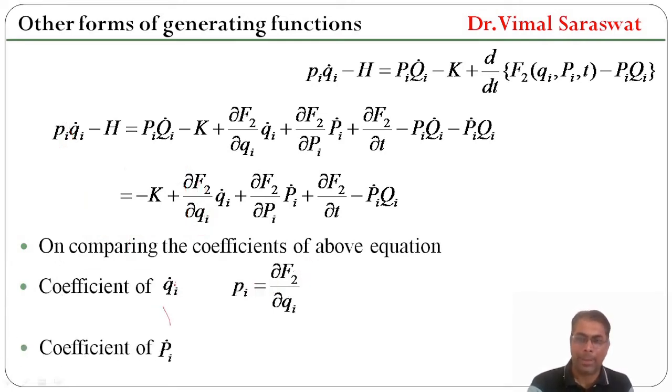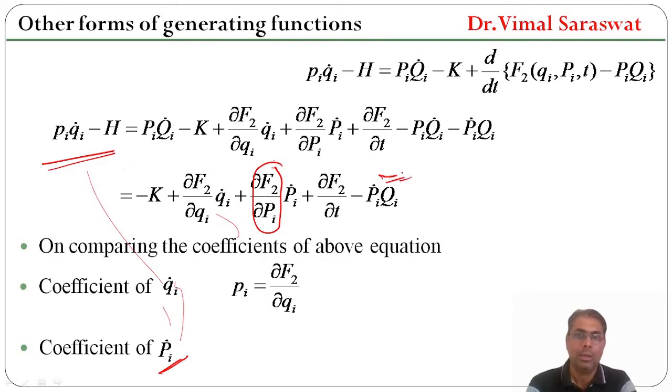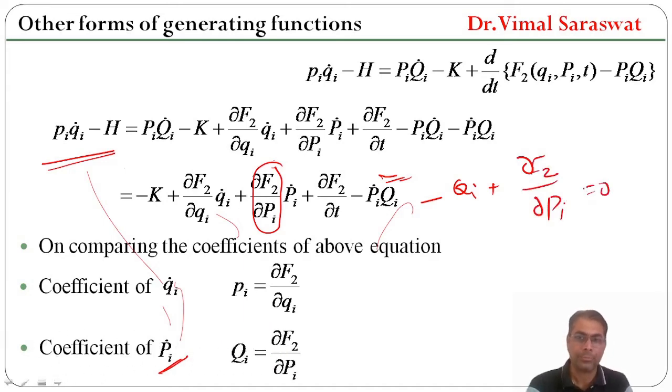Now on comparing the coefficient of capital Pi dot, there is no coefficient of Pi dot here, and on the right hand side the coefficient of Pi dot is del F2 by del Pi and also minus Qi. So minus Qi plus del F2 by del Pi equals 0, or capital Qi equals del F2 by del Pi.